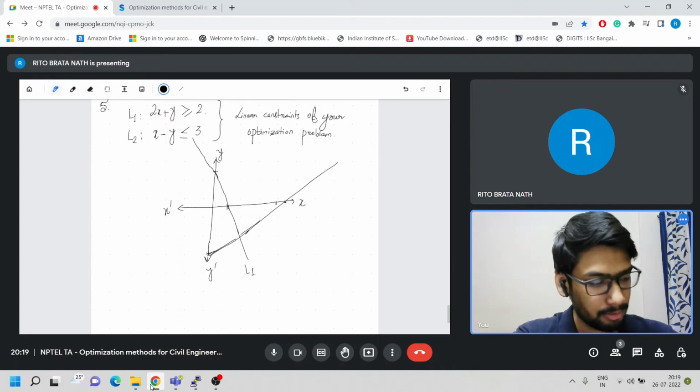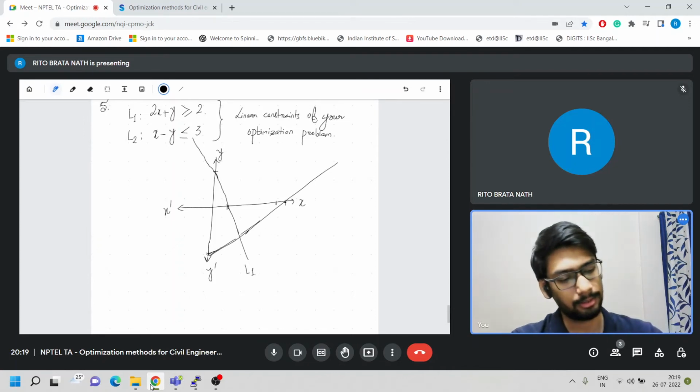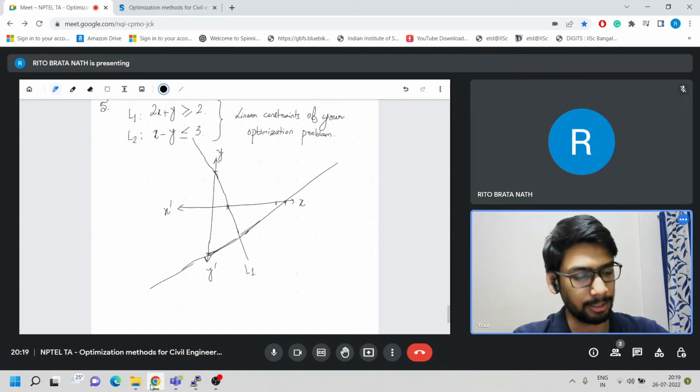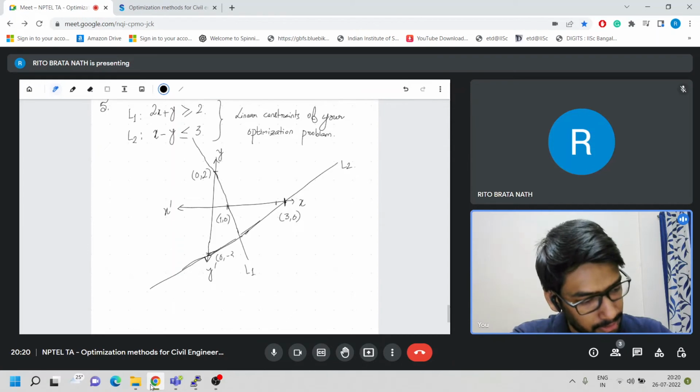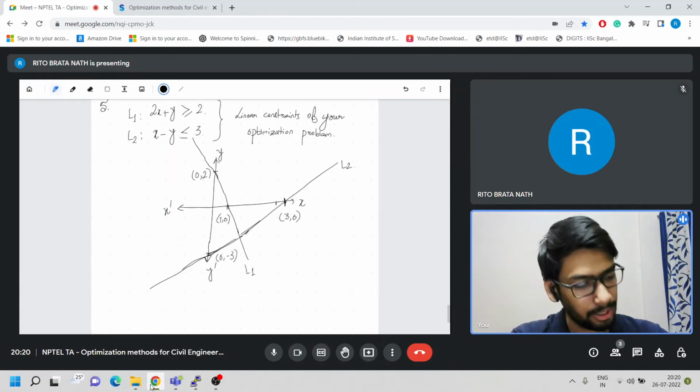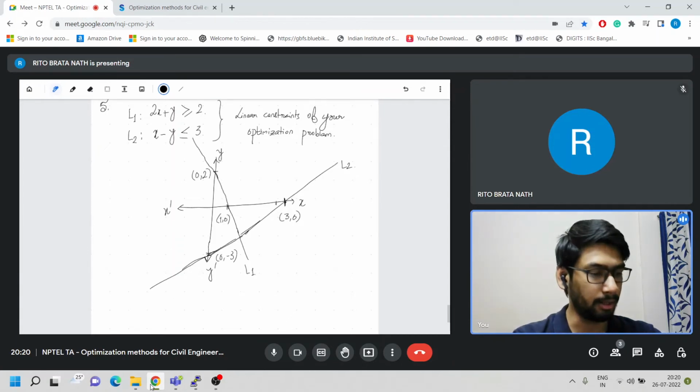I'll be erasing it later. So this is your line 2. Now, let me name these. This is 3, 0. This is your 1, 0. This is your 0, 2. This is your 0, minus 3. And these two lines intersect somewhere here, and that point probably will be somewhere.